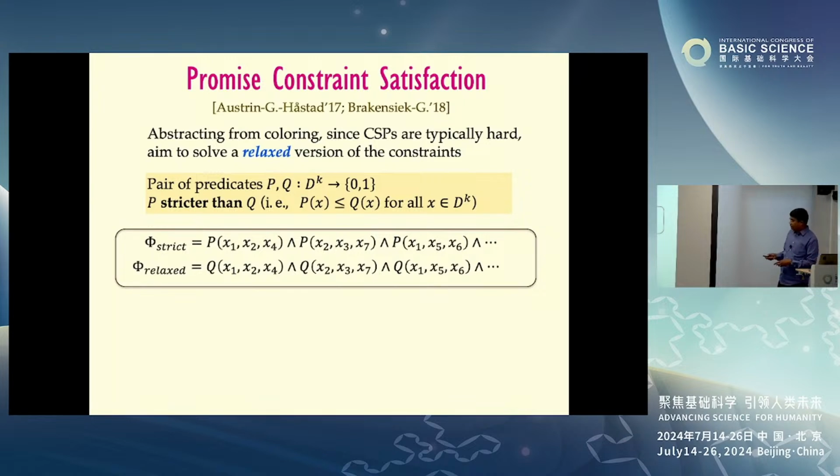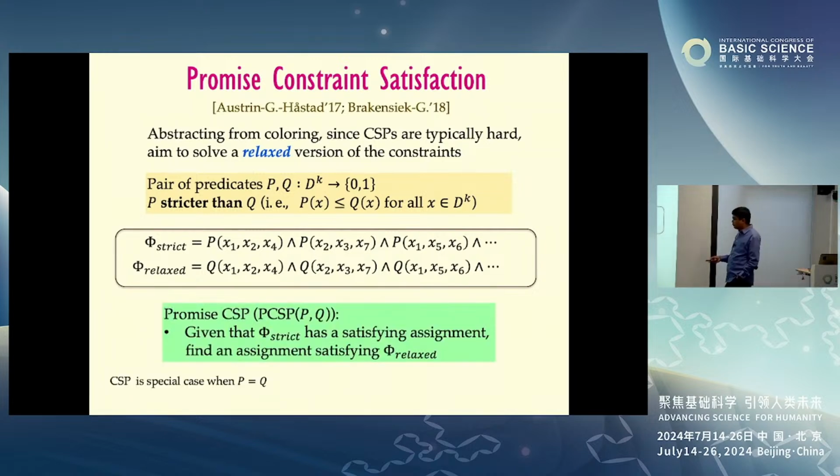So now you will take your P instance and create a new instance by simply replacing all P's by Q. So clearly, if phi strict is satisfied, it will satisfy the relaxed one. Right? The problem is to find a satisfying assignment, and then it's hard.